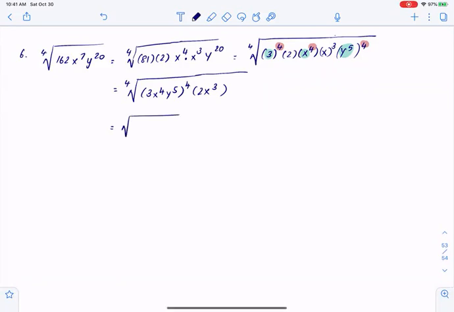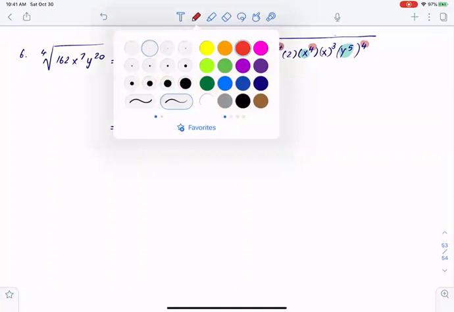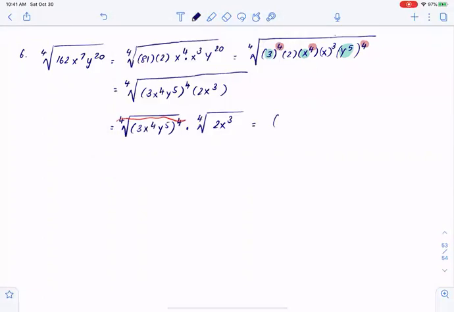So now I can split and write it as 3x raised 4, y raised 5 raised 4, multiplied by the 4th root of 2x cubed. The 4 and the 4th root and the power will get cancelled. So we would end up having 3x raised 4, y raised 5 times the 4th root of 2x cubed.